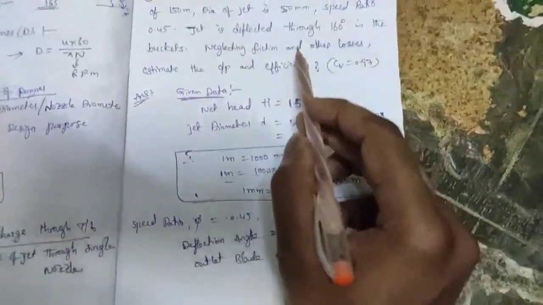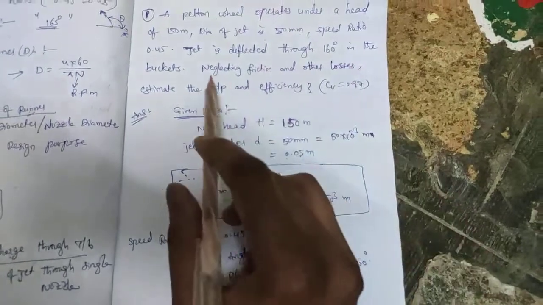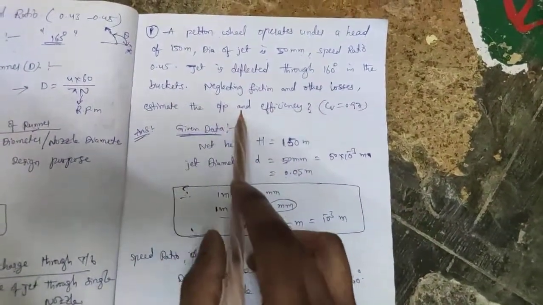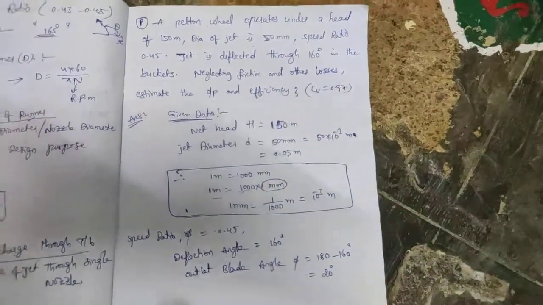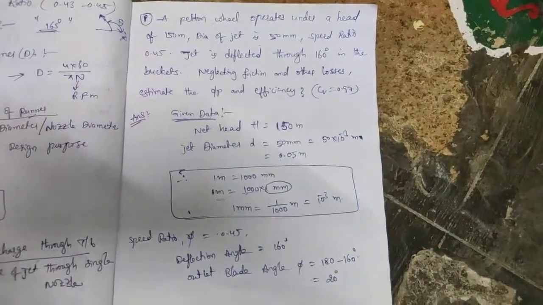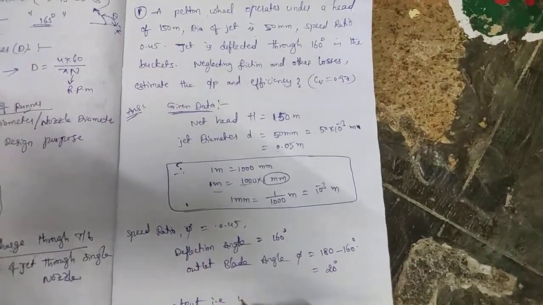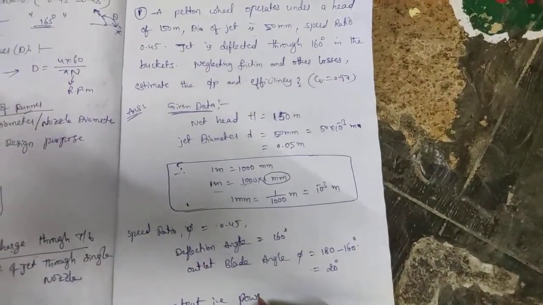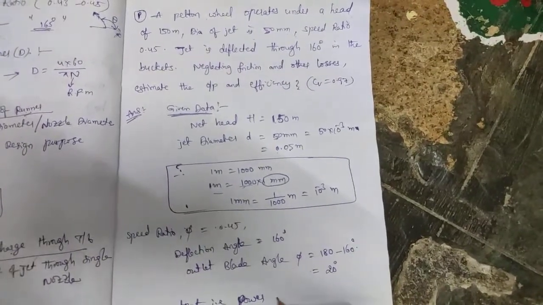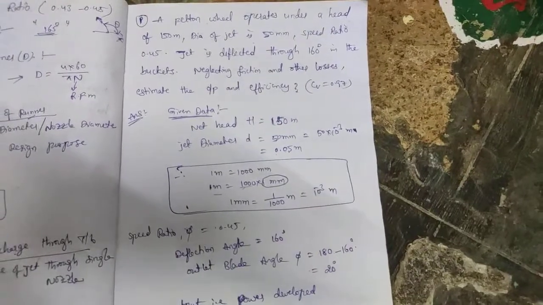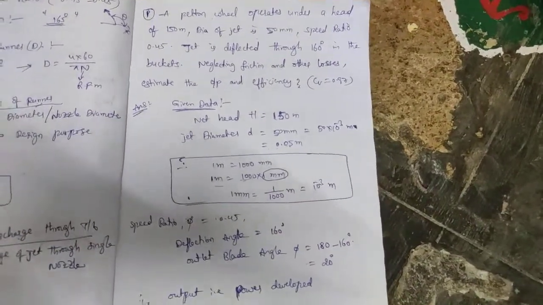So next given data is, neglecting friction and other losses, estimate the output and efficiency. That means we need to calculate output, that is power developed, and another one is efficiency.